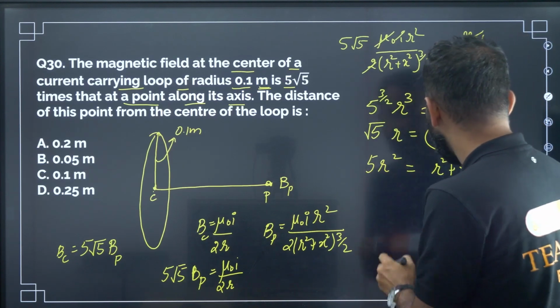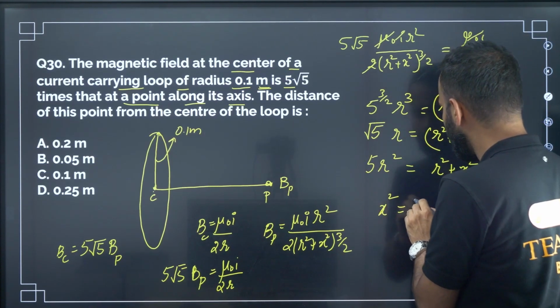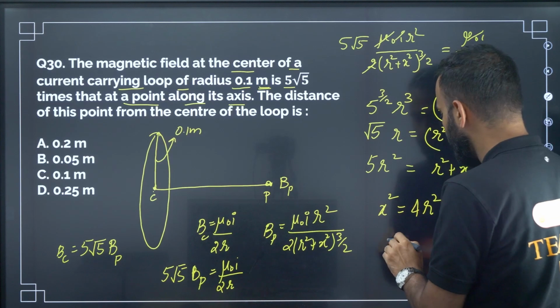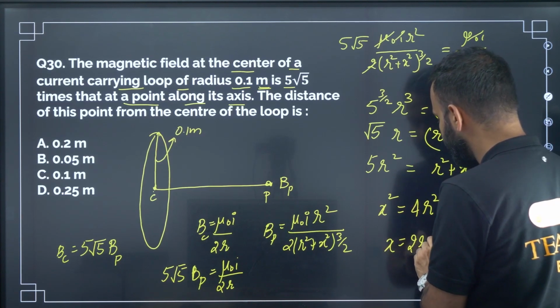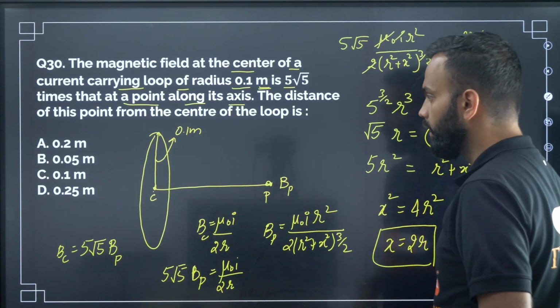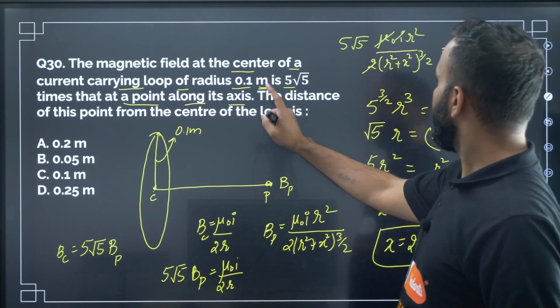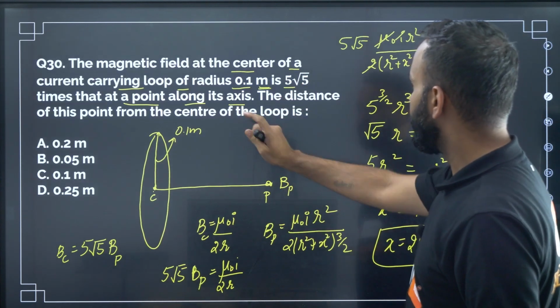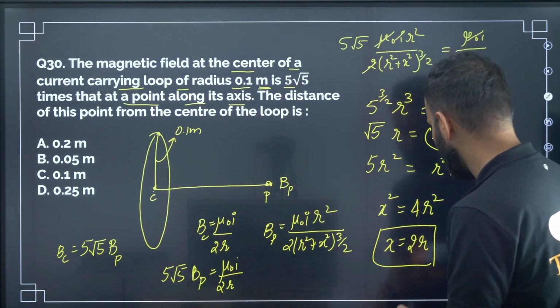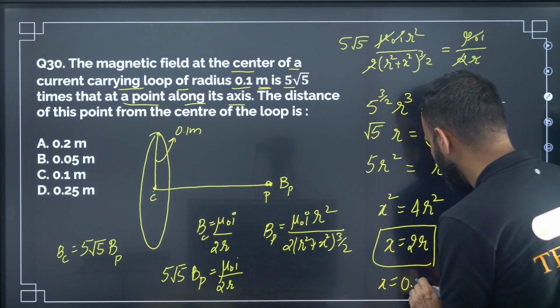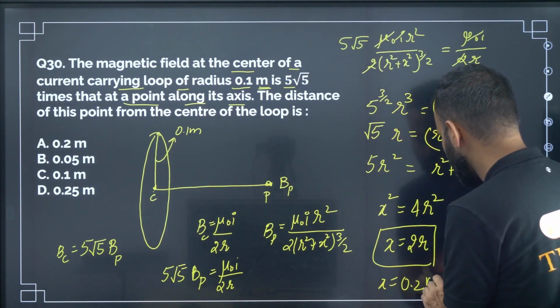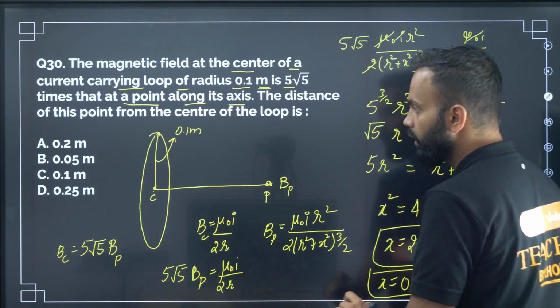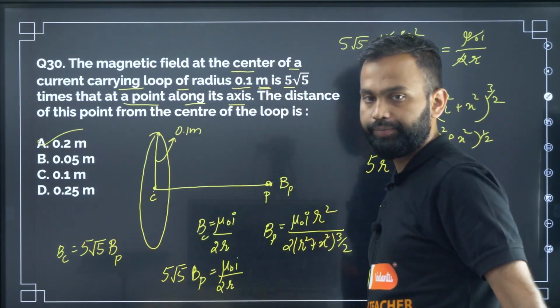Now x square is equal to 4R square, so x equals 2R. What is the value of R? R is 0.1 meter. So x equals 2 into 0.1, which is 0.2 meter. So the correct option is A.